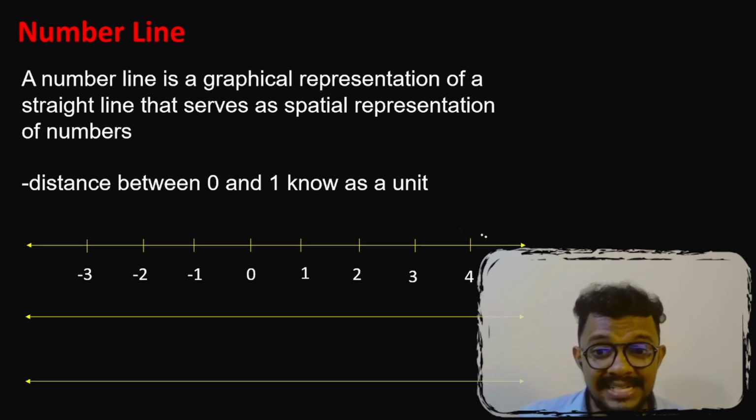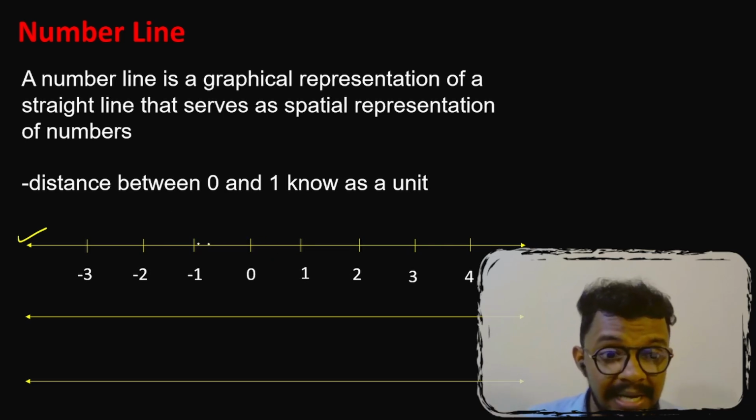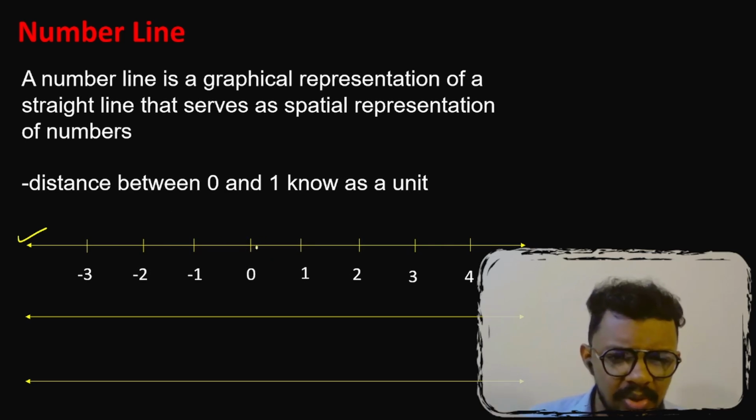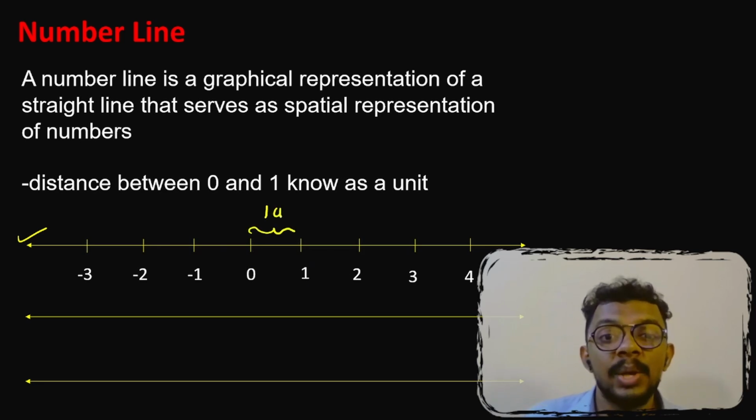Okay, and there is an example. This is an example of a number line. And what's the specialty of a number line? If I'm considering 0 somewhere, and somewhere to the right of it 1, then the distance between 0 and 1 is called 1 unit.